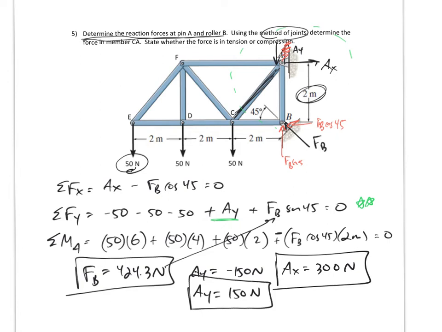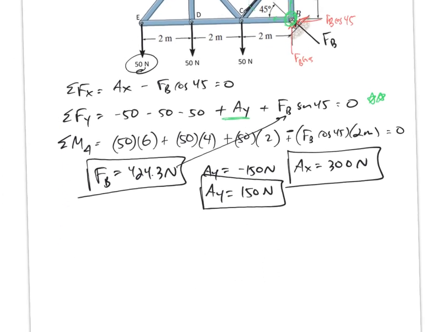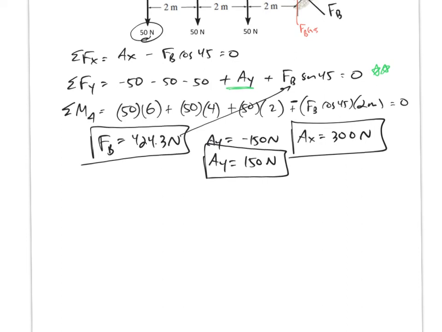So maybe my first instinct is to go up here to joint A, but I would have 1, 2, 3 unknowns, so I can't go there yet. Maybe I could go to joint C, but I would have 1, 2, 3, 4 unknowns. So it looks like I'm going to need to go to joint B and solve for those two unknowns. So let me look at joint B. What do I have at joint B?